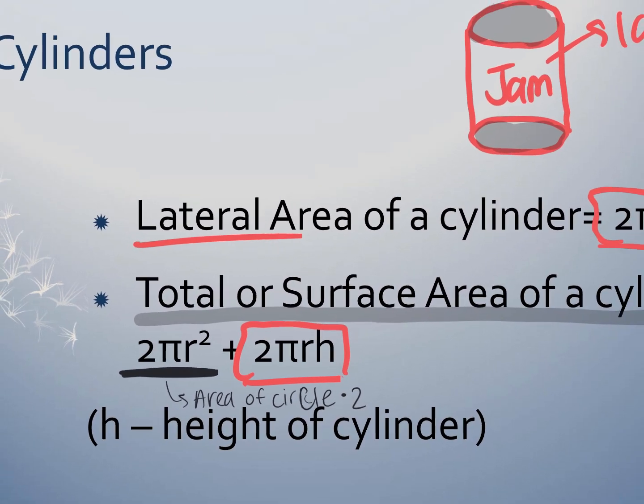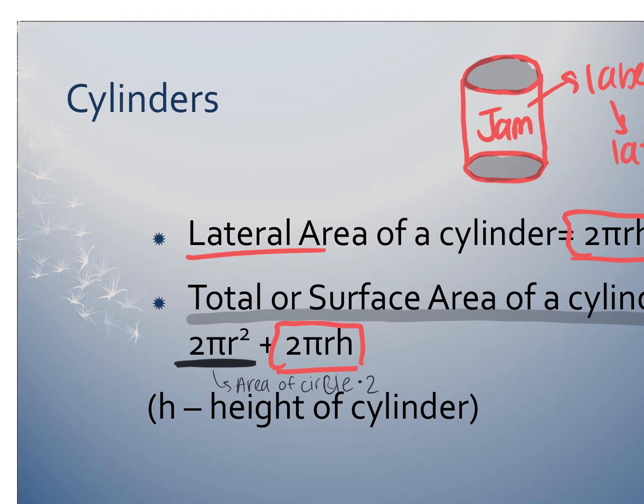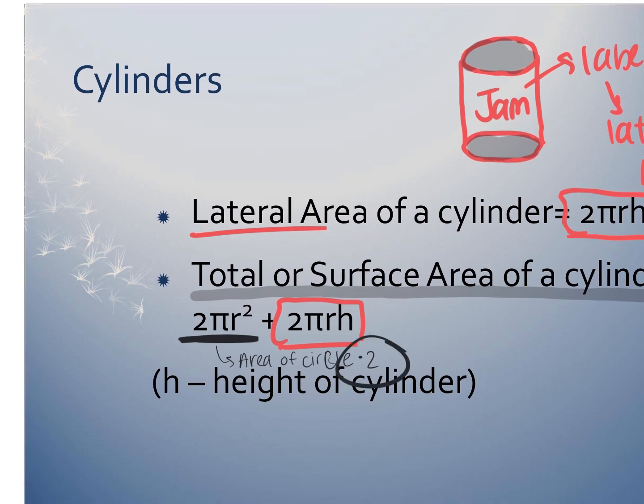Let's think how that applies to our cylinder. So zoom out again. Look at the jam jar. If the lateral area was the label, what two pieces are not covered by the label? The top and the bottom. And do you agree that the bases are both circles? So if the area of the top is pi r squared and the area of the bottom is pi r squared, wouldn't that explain why we're multiplying it by 2?